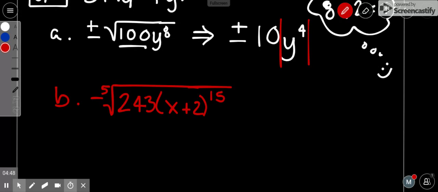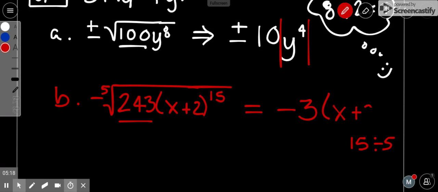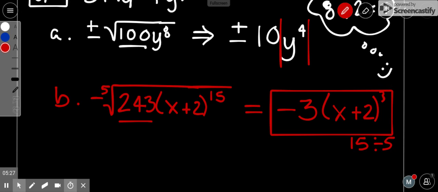Now what you're looking for is a number that you can multiply together 5 times in order to get 243. We did this in the calculator in class today, so I hope you all remember that it is 3. So for this problem, our 243 is going to come out as 3. I have this negative sign, so it has to go in front of there. And then here, I'm thinking 15 divided by 5, which is 3. So I have x plus 2 to the third power. So that would be my answer for that problem.